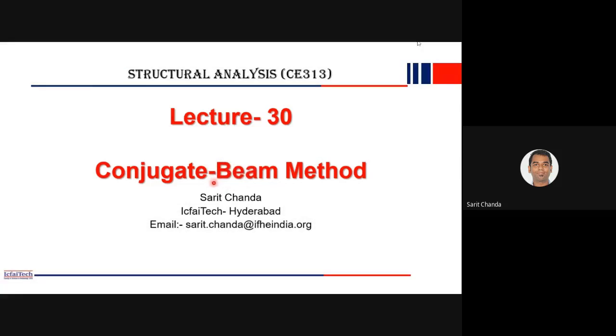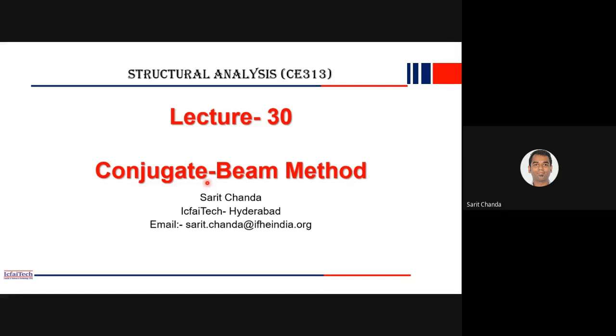Welcome to the structural analysis course. Currently we are in the second module, that is to calculate the deflections and slopes in a beam. In earlier classes, we discussed the equation for beams, and using that equation we solved with the double integration method to calculate the shear forces and bending moments on a structure.